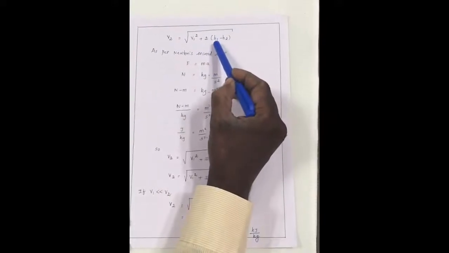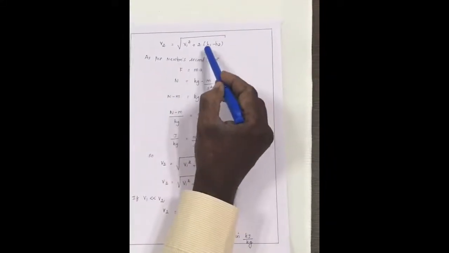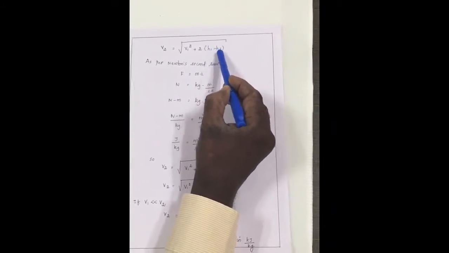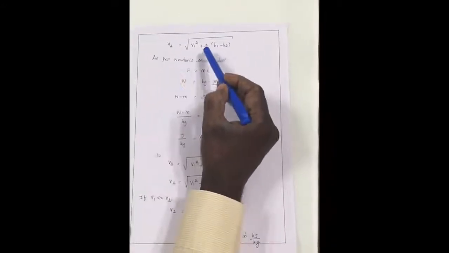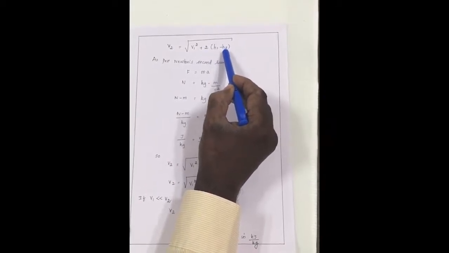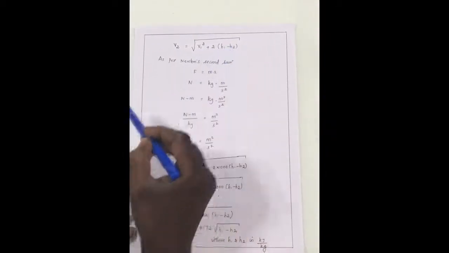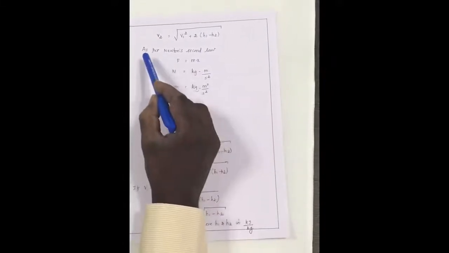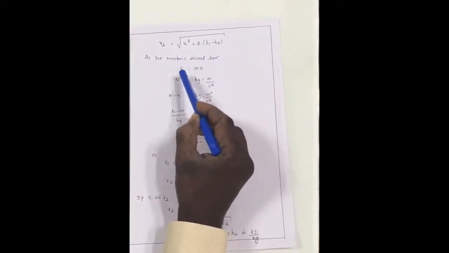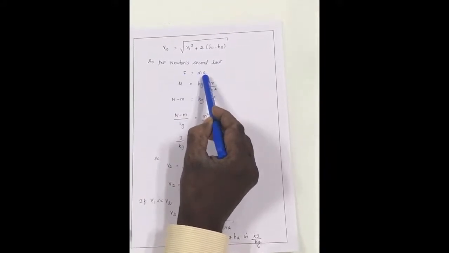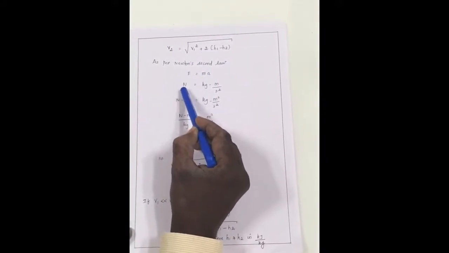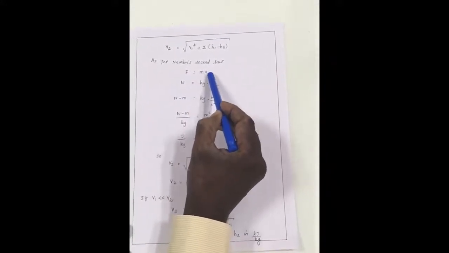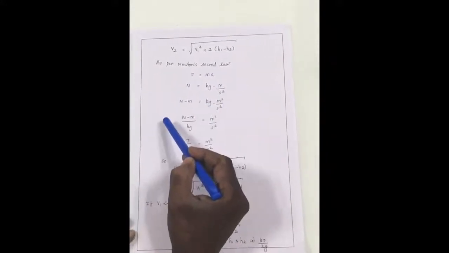Here we have to substitute the H1 and H2 values in joule per kilogram to ensure unit homogeneity. I will explain how this is possible. As per Newton's second law, F is equal to ma. The unit for force is Newton, for mass kilogram, for acceleration meter per second squared.